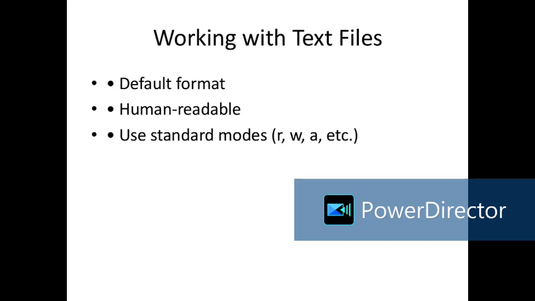Working with text files. In C, text files are the easiest to work with and most familiar to beginners. Data is stored in a human readable format as strings. Let's say we want to write a student name and score. FILE pointer equals fopen student.txt in write mode, fprintf John 90, fclose the file. fopen student.txt with "w" opens the file for writing.